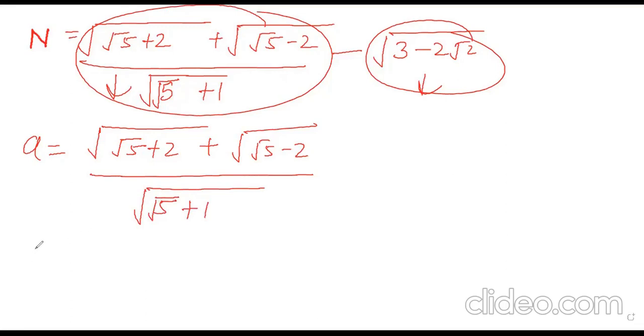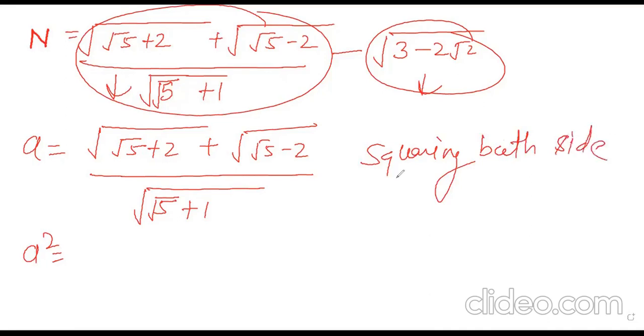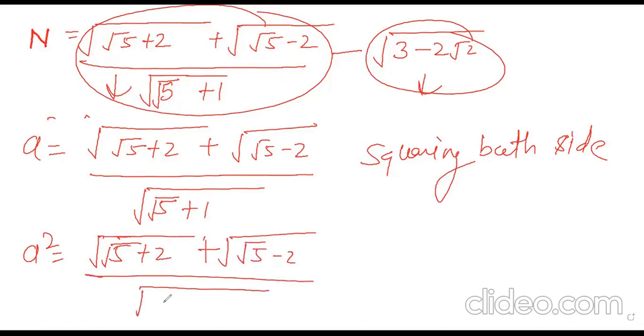So squaring both sides, you will get A square, or you will write this as 5 plus 2 plus 5 minus 2 divided by square root of 5 plus 1.